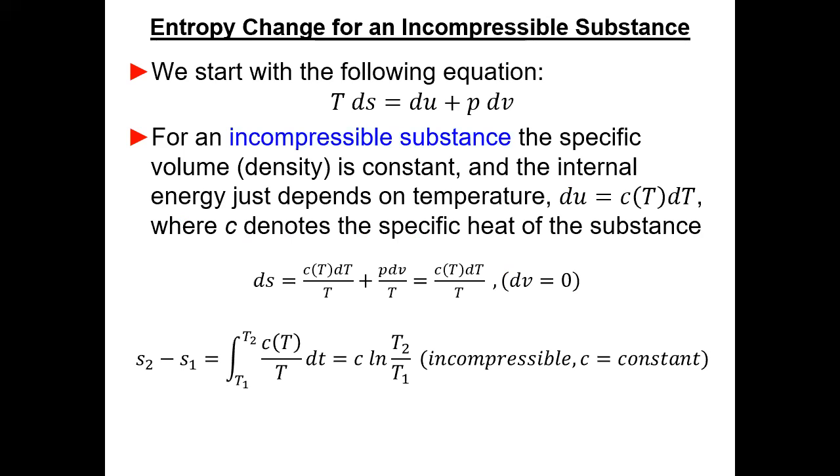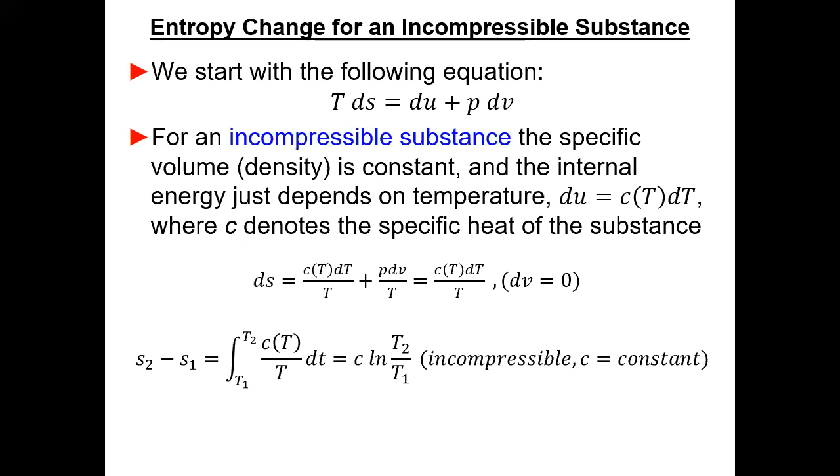Okay, so we start with the TdS relation. TdS is dU plus PdV. So once we make the assumption of incompressibility, the specific volume or density is constant, and then the internal energy depends just on temperature. There is no specific heat at constant volume, there is no specific heat at constant pressure.